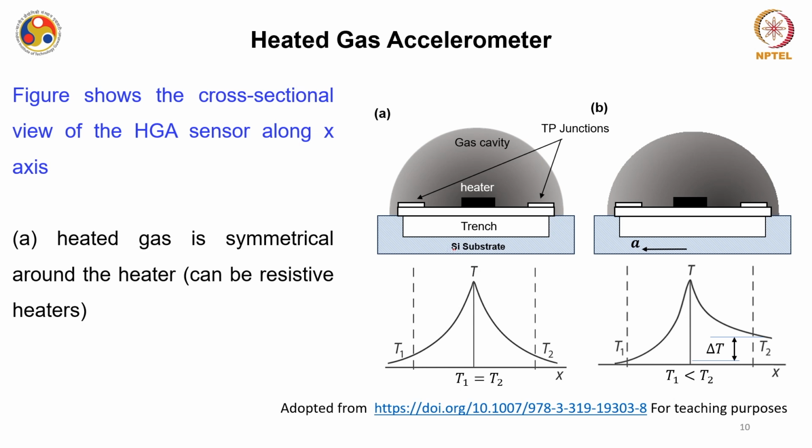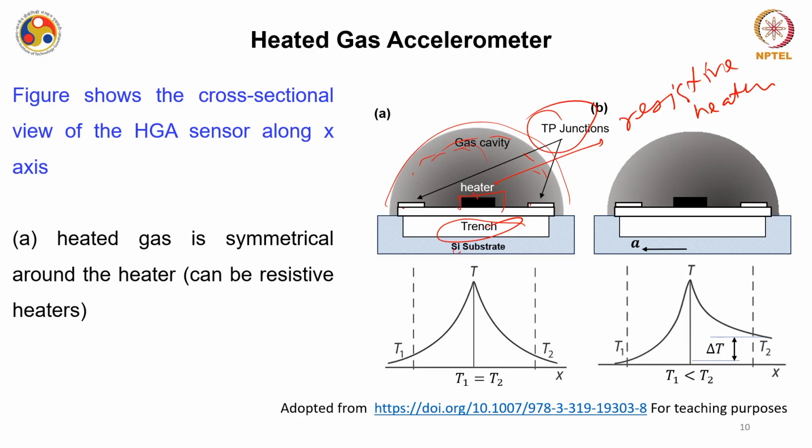You have a silicon substrate, I will come to this trench, but you have two thermopile junctions. I will talk about this thermopile in a while, and then you have this gas cavity, and in this gas cavity a heater is placed. Mostly these heaters are resistive heaters. Now here is the heater, and gas is filled inside this gas cavity, which is hermetically sealed.